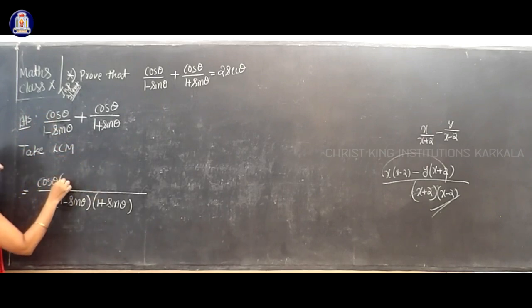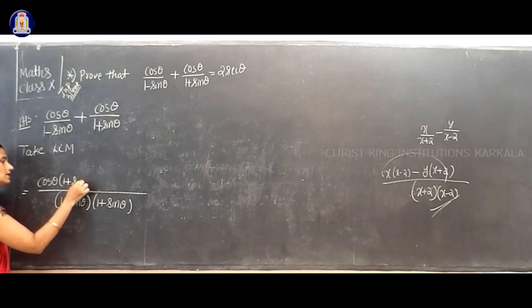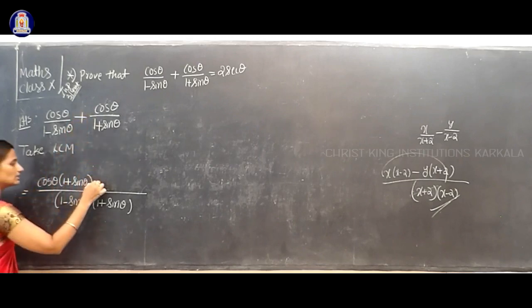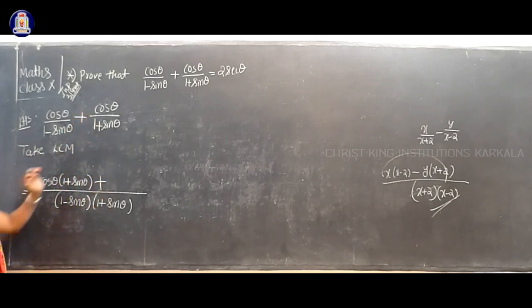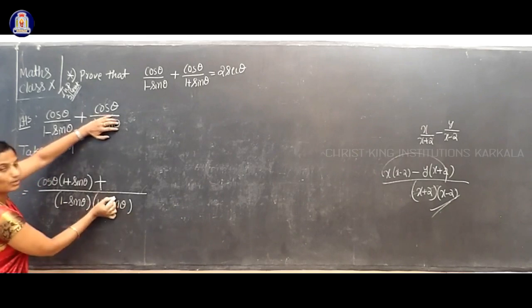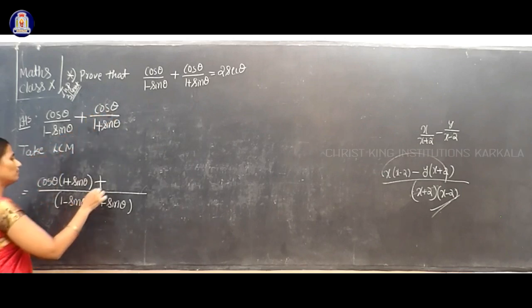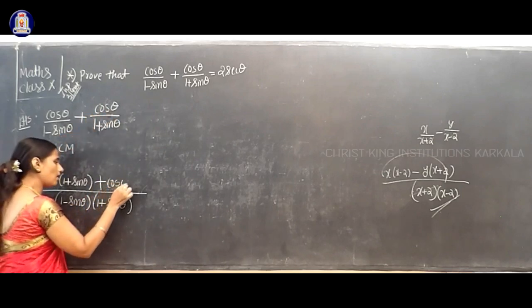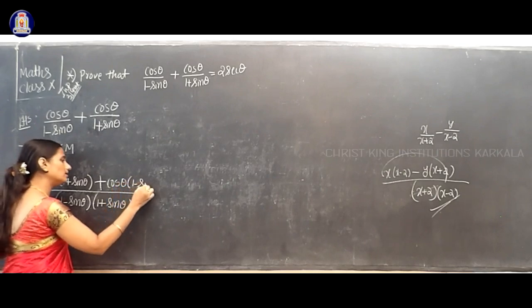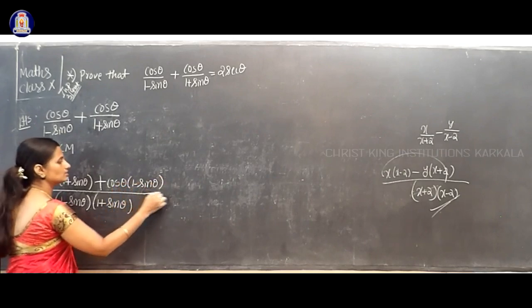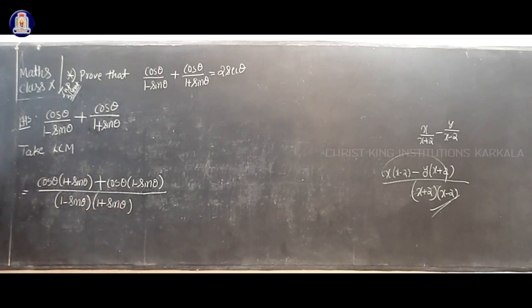Now what is the sign here? Plus. Now assume that 1 plus sin theta and 1 plus sin theta cancel. What is left here? 1 minus sin theta, that you have to multiply to cos theta. So cos theta into (1 minus sin theta).